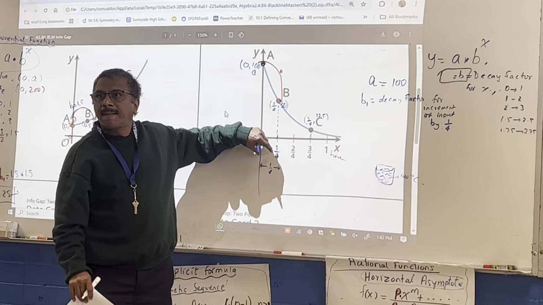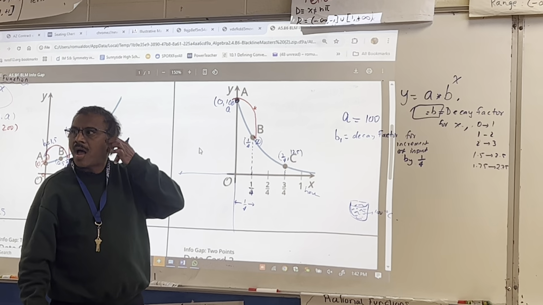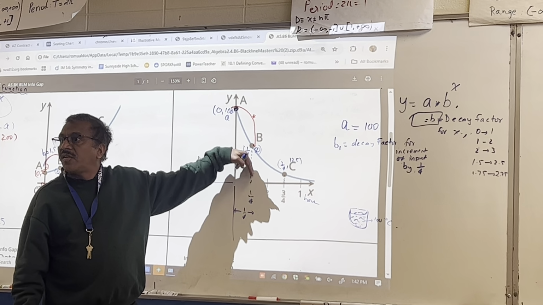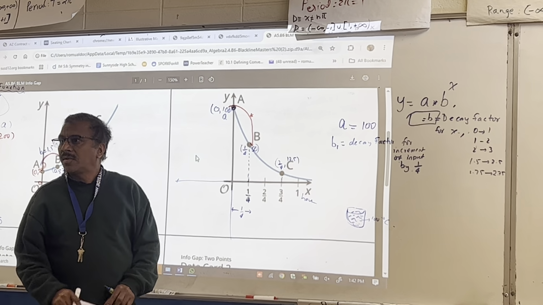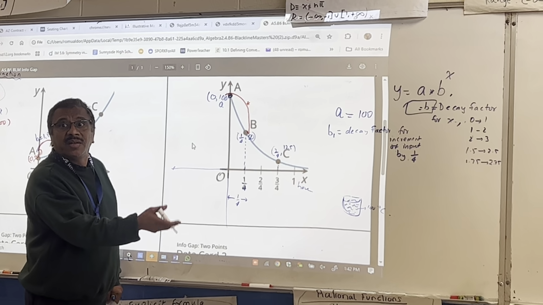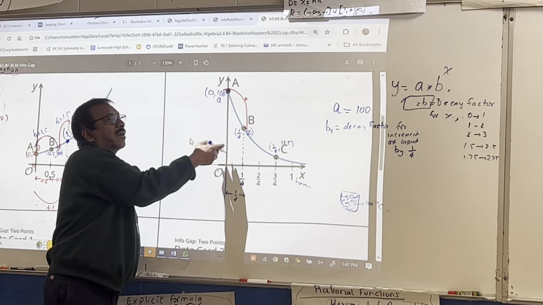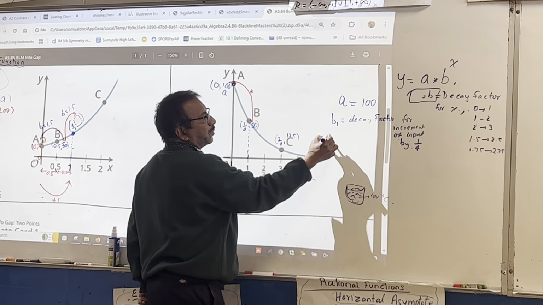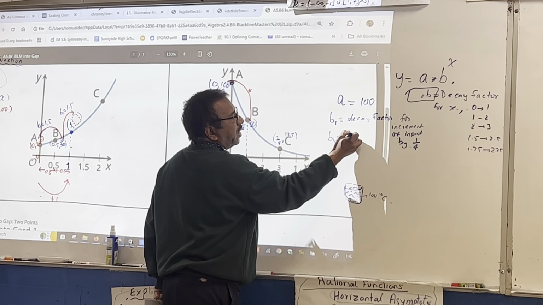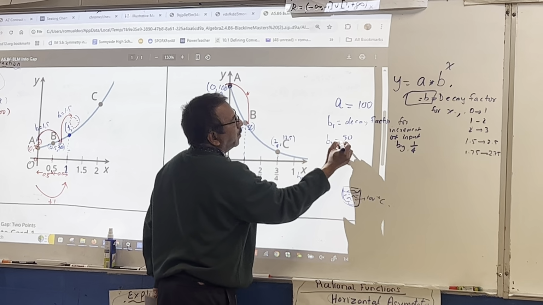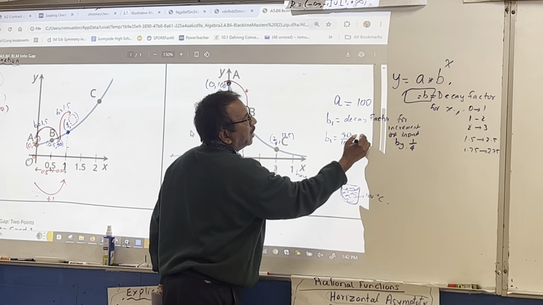That's what it means. So every quarter of an hour, the temperature falls by half. So 50% goes, 50% stays. Because this is common sense, it's easy to do. B1 is 50, this is 50, and the other one is 100, and we all know it is half.